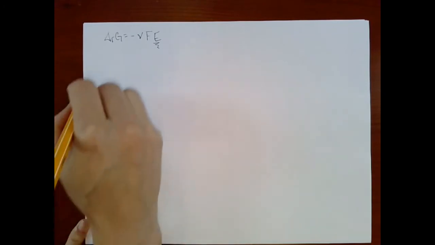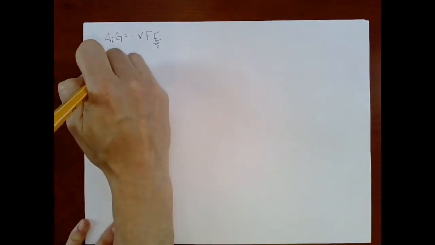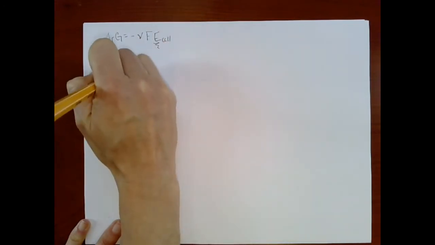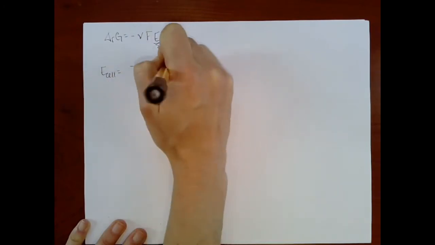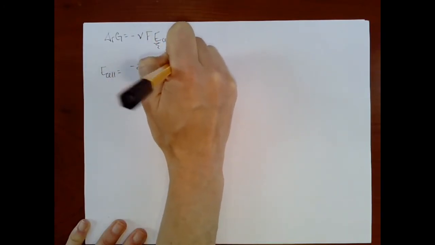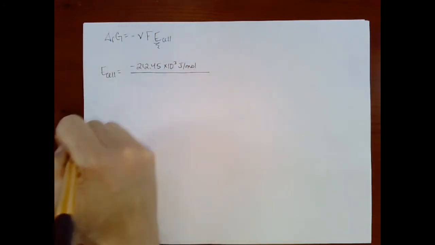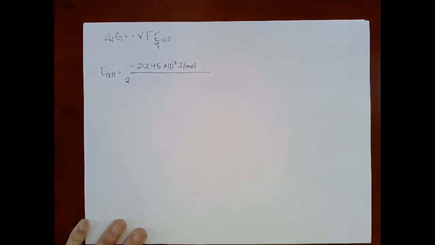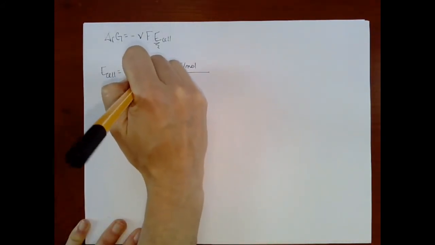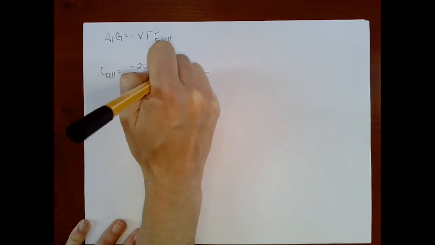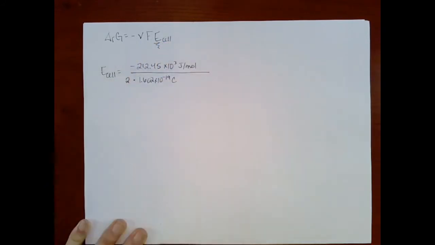But for the Daniell cell, let's just write out what these numbers are, solving for the cell potential, using the Gibbs energy of reaction value I calculated before. There are 2 electrons transferred. Faraday's constant is equal to 1.602 times 10 to the minus 19 coulombs.